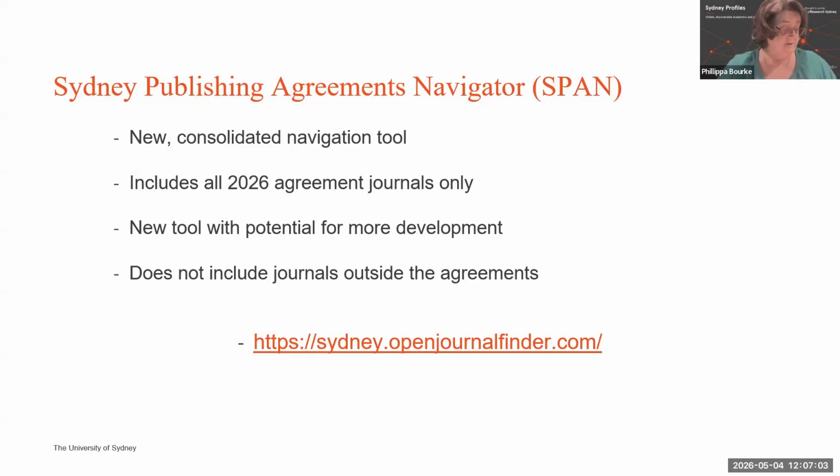It's fully searchable by journal title, publisher, and subject area. But again, we'd like to emphasise that it's been designed as an agreement navigator, not for choosing appropriate journals. When selecting journals to publish in, we recommend including other resources and channels to identify suitable journals for your research.